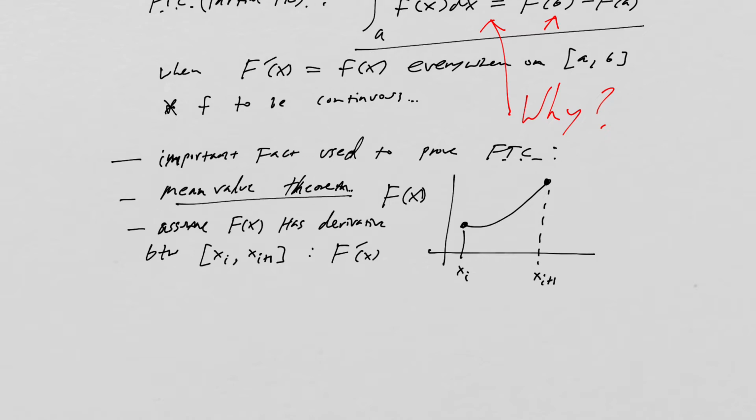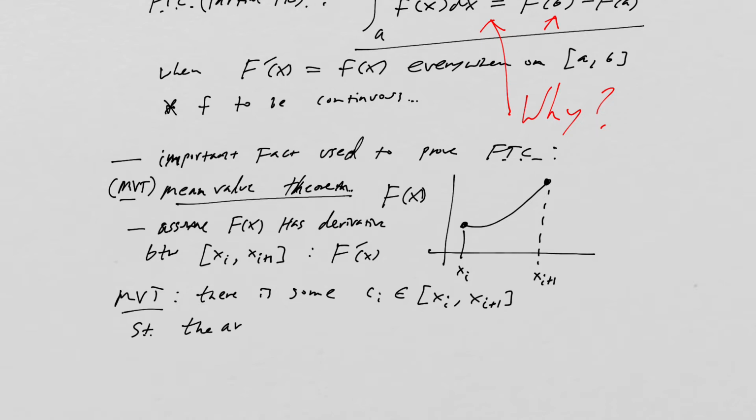Sometimes we call it the MVT. The mean value theorem says there is some ci in the interval somewhere, and there actually could be more than one, such that the average slope of the secant line is equal to f prime at ci.